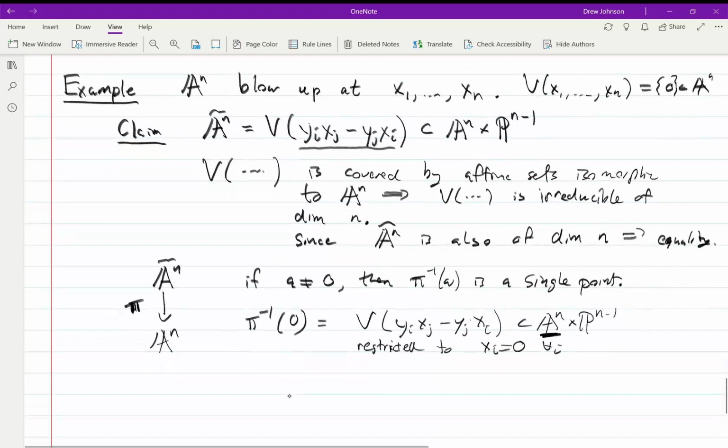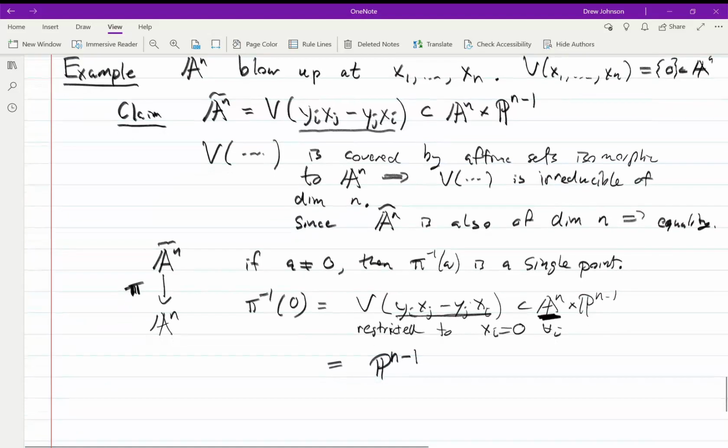Now if the x_i are equal to 0 for all i, then all these relations become 0. And also you get just one point in the A^n. So this will just be P^(n-1). All right, so now we get an idea of what this pi is looking like. It's an isomorphism everywhere except over the origin. The fiber over the origin is just a copy of P^(n-1).